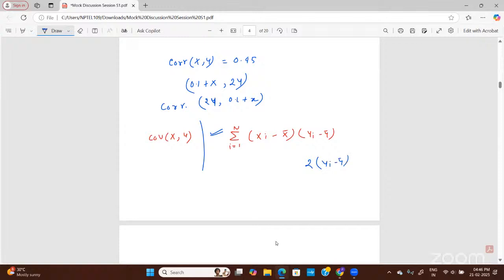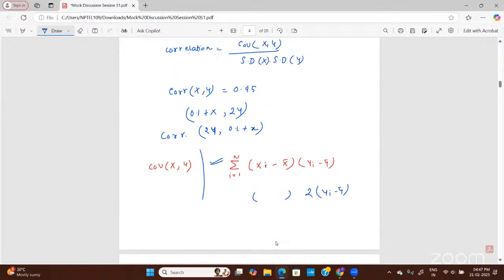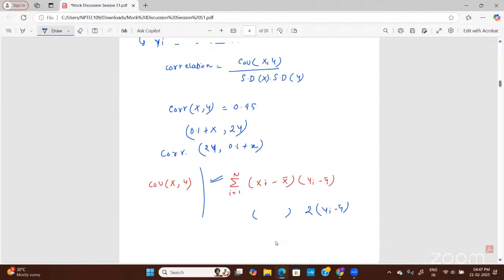Similarly for this part, I'm not writing the exact values here. Also, if we calculate the standard deviation, here also we are multiplying some values, so it will be like 2 times the standard deviation of y.